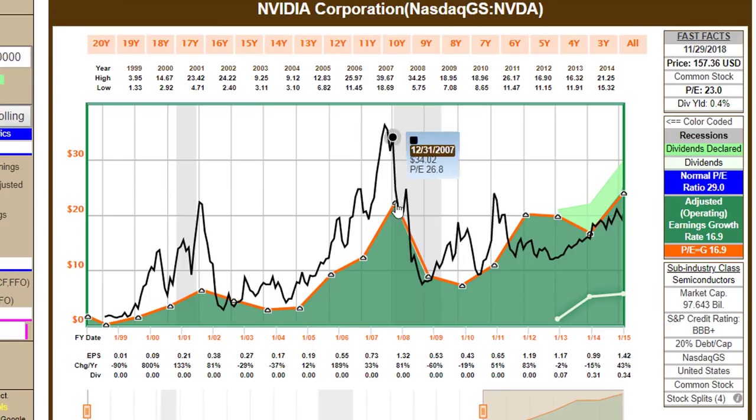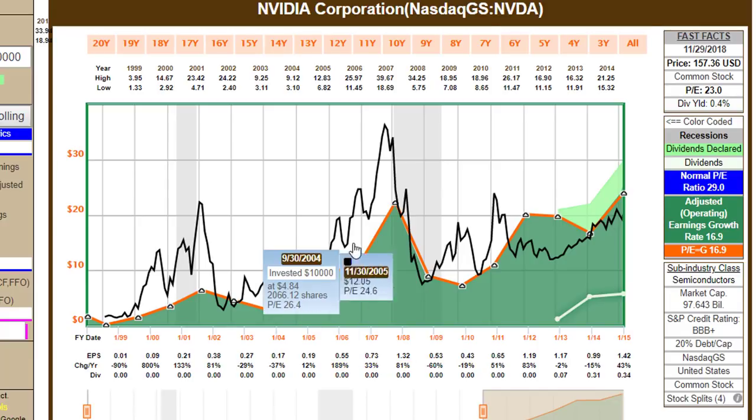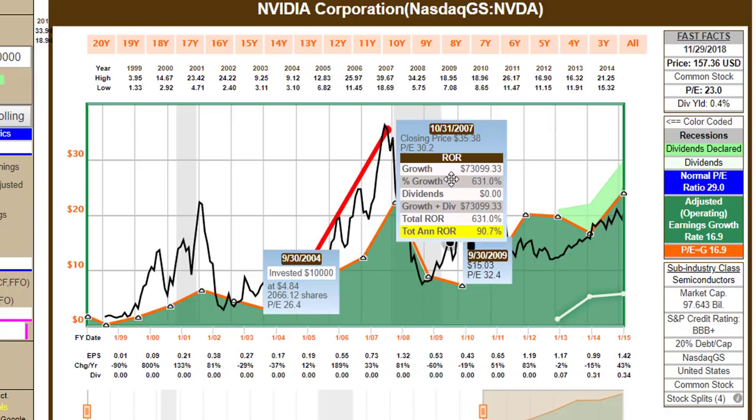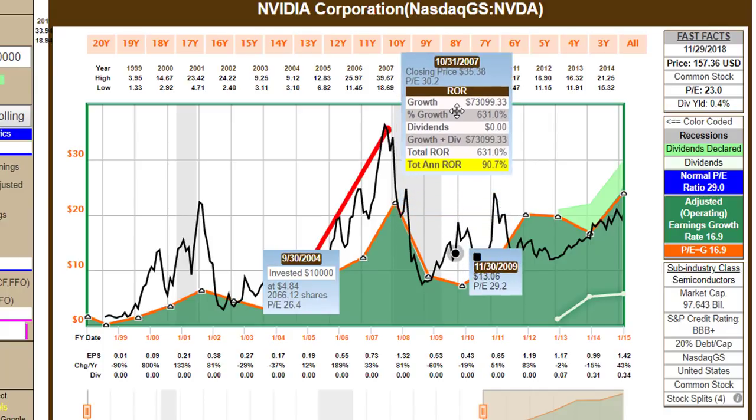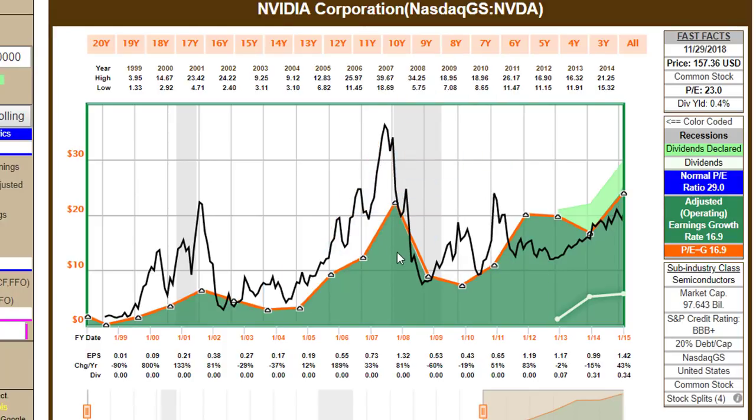Then we saw earnings growth accelerate dramatically in fiscal year 06, 07, and 08. We had growth of 189%, 33%, and 81%. And of course, the stock price responded, going from $4.84 a share up to $35 a share, averaging a 91% annualized rate of return.